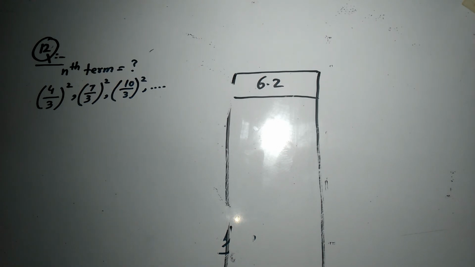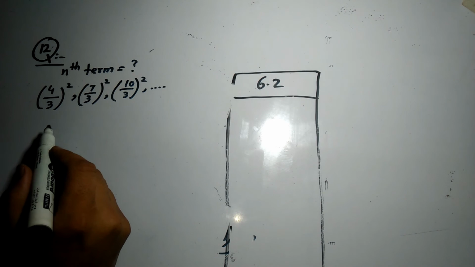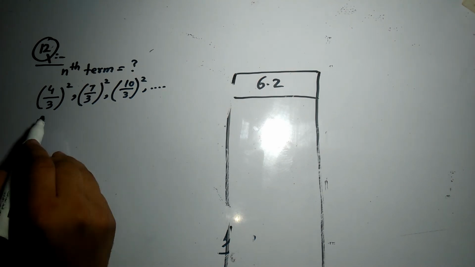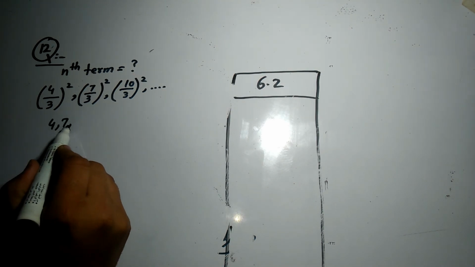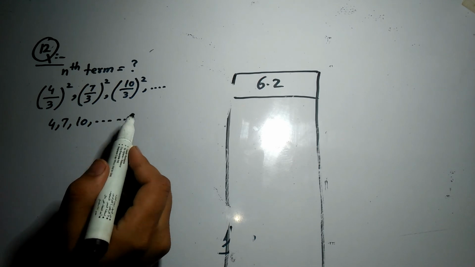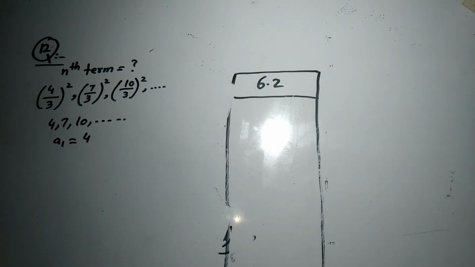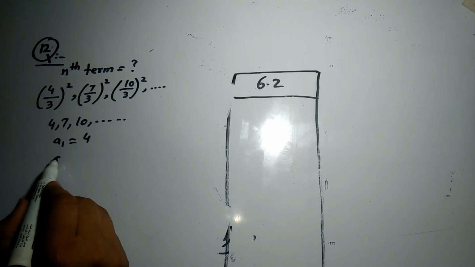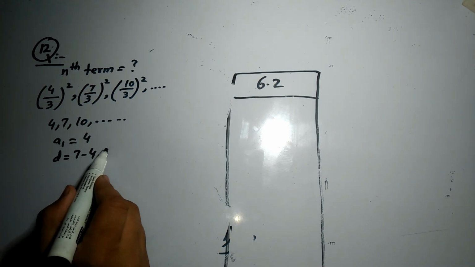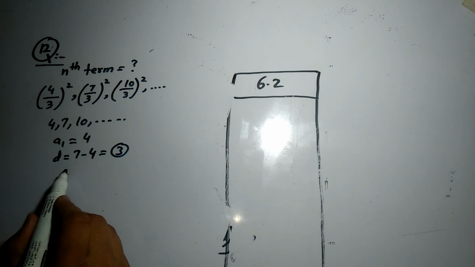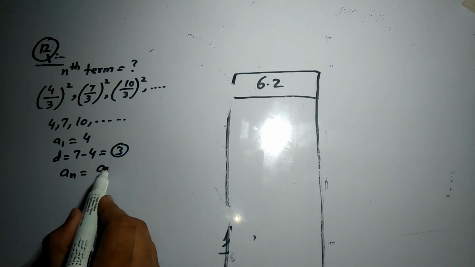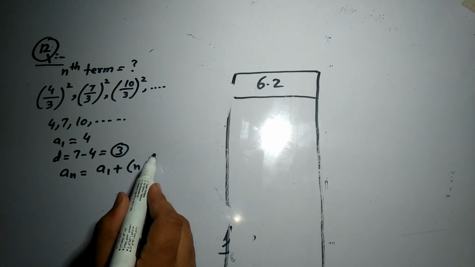Here in this question, we will write 4, 7, 10 as an arithmetic progression. So a1 is equal to 4, d is equal to 7 minus 4, which is 3. So an will be equal to a1 plus n minus 1 times d.